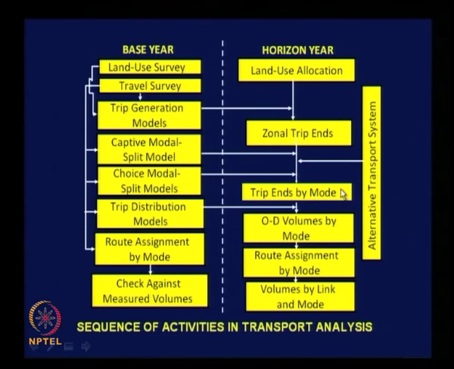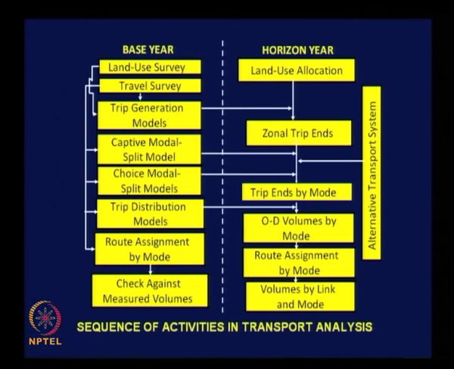You would have identified the mode for each of the trip ends at every traffic zone, right. And then do trip distribution analysis using the calibrated model, and you will get OD volumes by mode connecting all the zone centroids, clear.